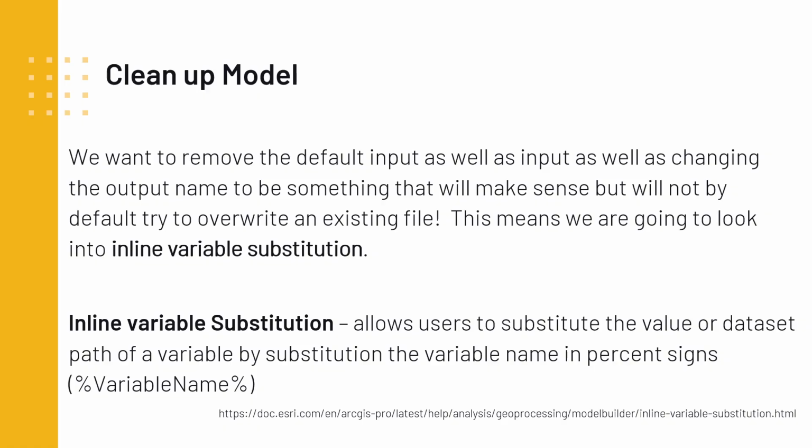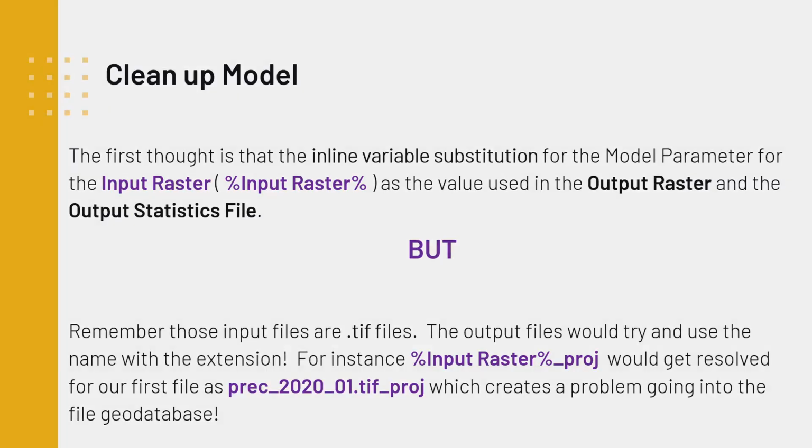Well, we're going to look into inline variable substitution. Inline variable substitution allows users to substitute the value or data set path of a variable by putting the variable name in percent signs instead of giving it an actual value. So this is going to be a value that changes every time the tool runs, depending on what variable you put in.